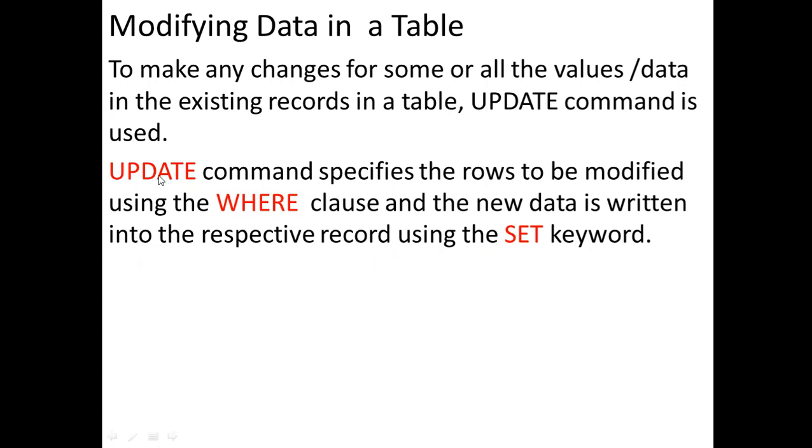You have to remember, whenever you use the update command, you need to use two more keywords: one is where and the second is set. Both are used simultaneously with the update command, which is used to modify the data in the table.